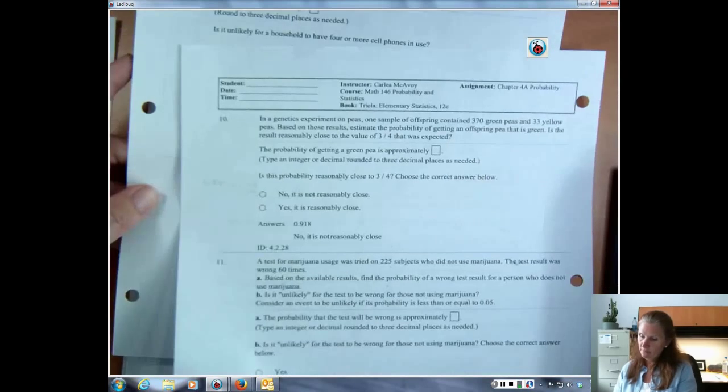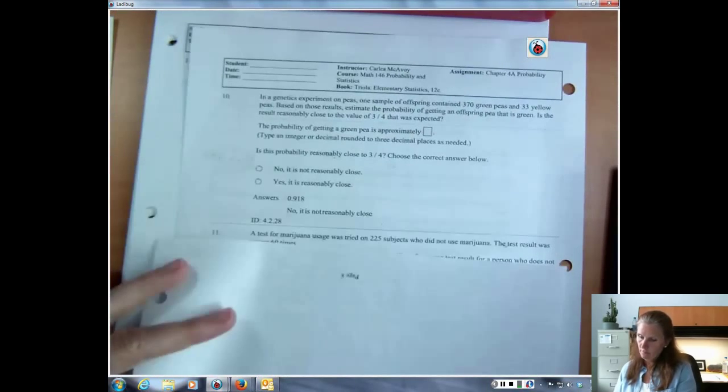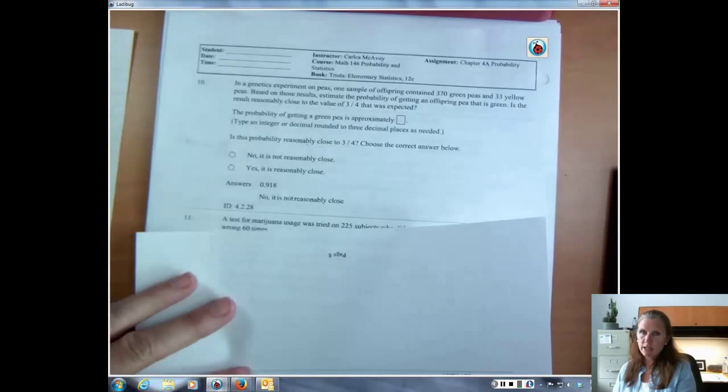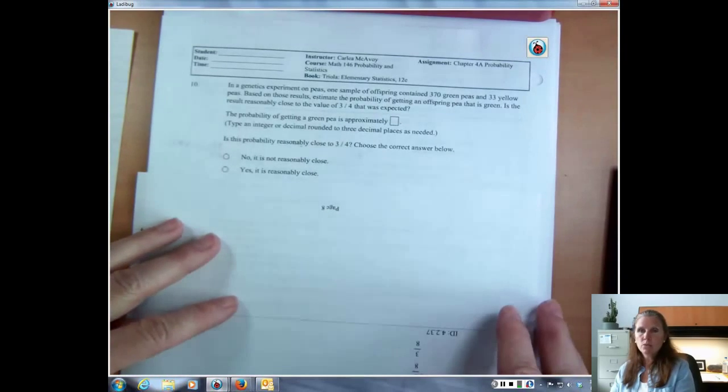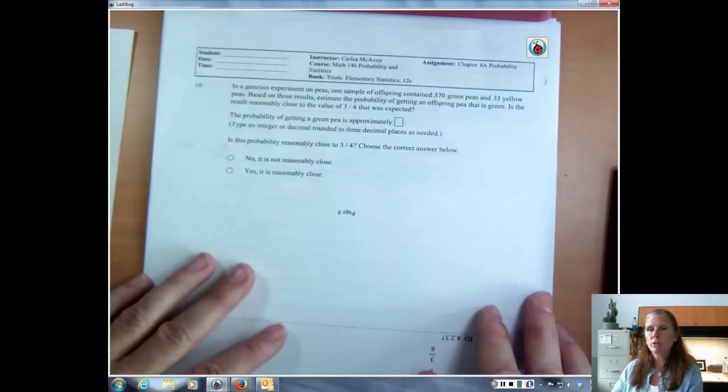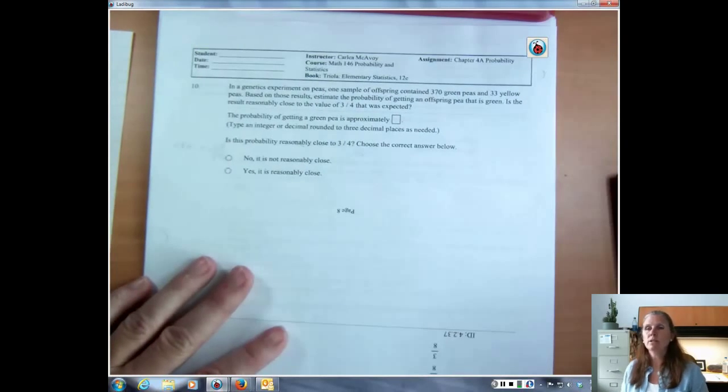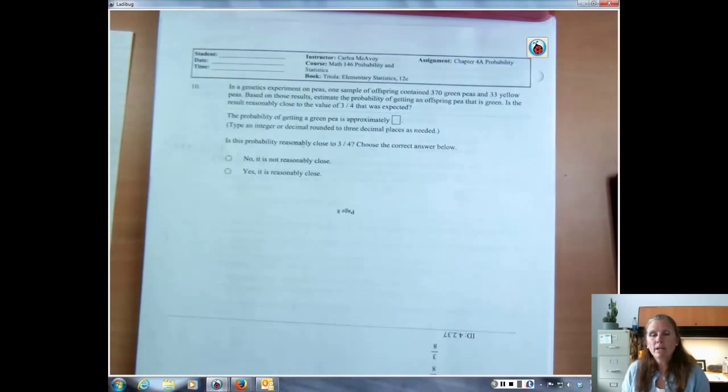Okay, number 10. In a genetics experiment on peas, one sample of offspring contained 370 green peas and 33 yellow peas. Based on those results, estimate the probability of getting an offspring pea that is green. Is the result reasonably close to the value of 3/4, which was expected? 3/4 is 75% or 0.75.